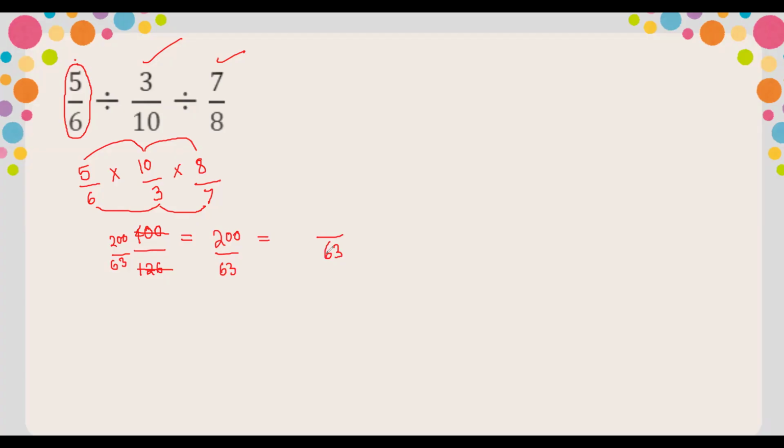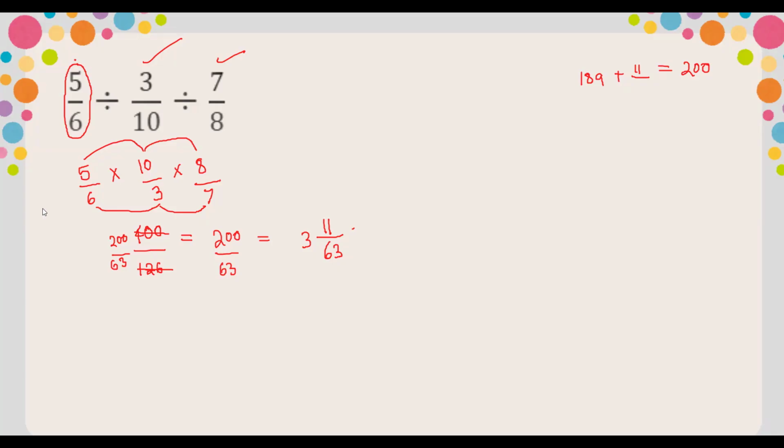What is the closest number to 200 in the table of 63? It is 63 threes are, which is 189. Now, 189 plus what will give you 200? Well, 189 plus 11 will give you 200, right? So, let's add 11 here. And 3 11 by 63 is our final answer.